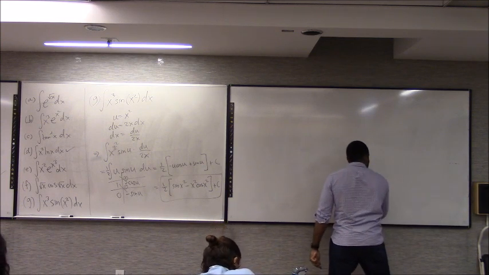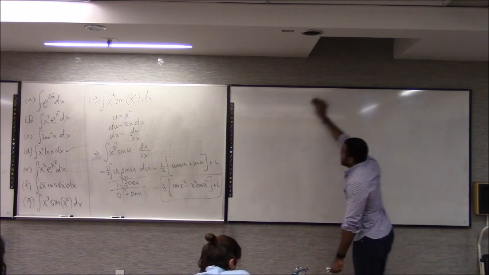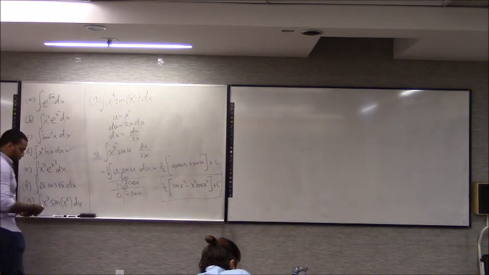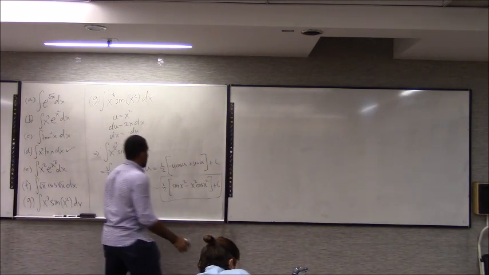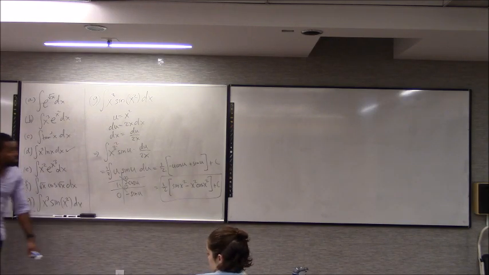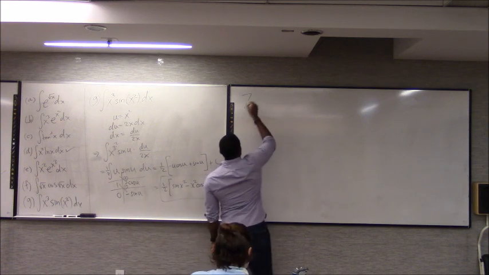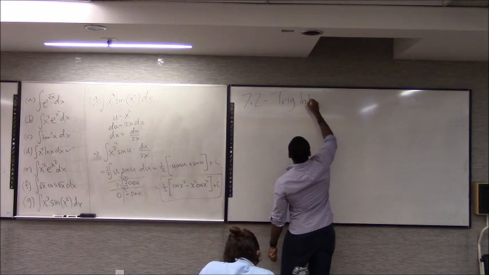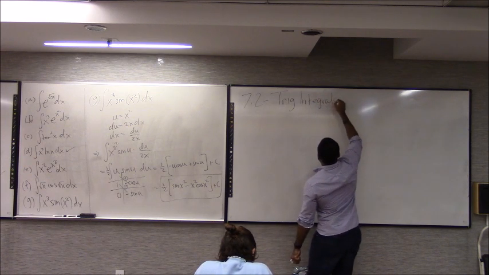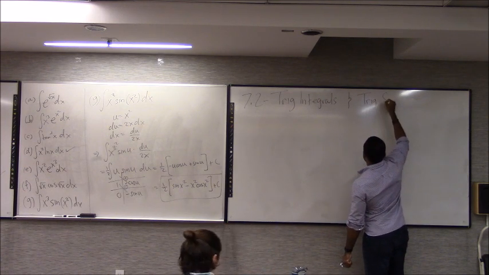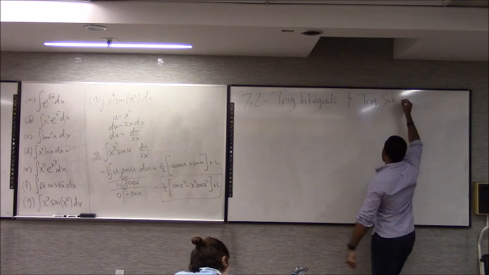But before that, let's actually talk about trig integrals in general. So that's the next section. So for those of you following along, we're now in 7.2. So trig integrals, that's how the section starts. And it ends with something called trig substitution, short for trigonometric.